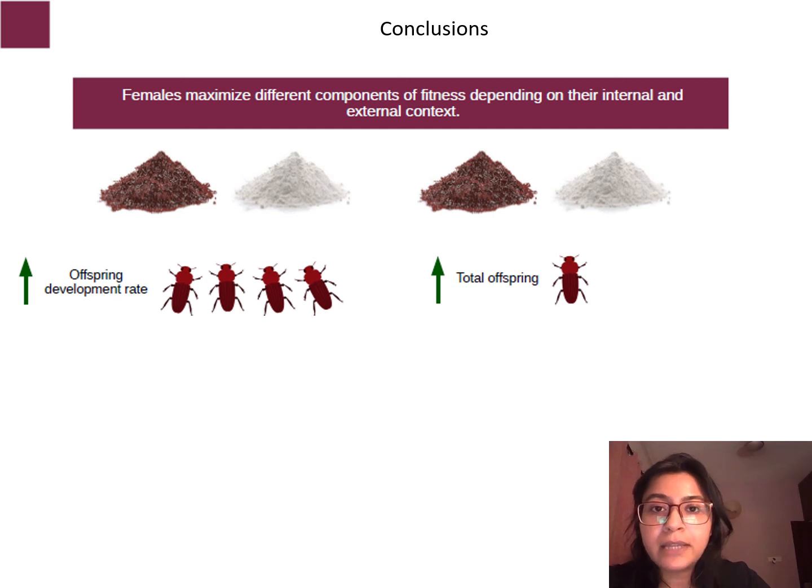In summary, we find that females oviposit in a manner that maximizes different fitness components depending on their internal and external context. So for instance, it is possible that under high density conditions, where competition faced by a female's offspring is intense, it may be beneficial to distribute eggs such that their development rate is maximized. On the other hand, under isolated conditions, females may have the luxury of ovipositing in a manner that maximizes the number of her offspring, even at the cost of their development rate.